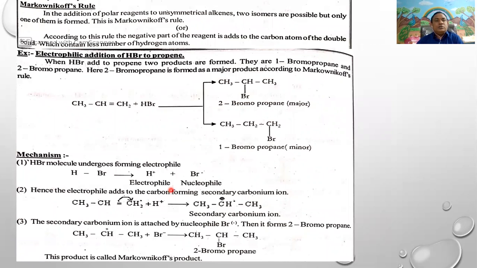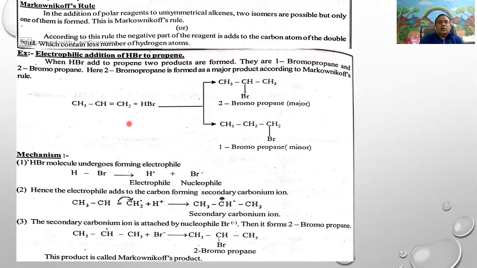Here, Markovnikov rule is stated as: unsymmetric alkenes upon treatment with halogen acid or hydrogen halide, the negative addendum attacks the carbon containing the least number of hydrogens beside the double bond. This is called Markovnikov rule.